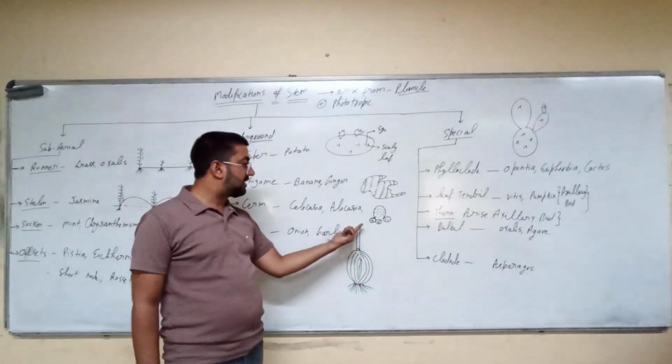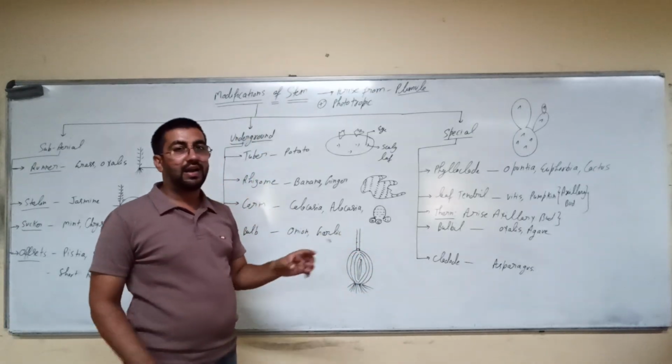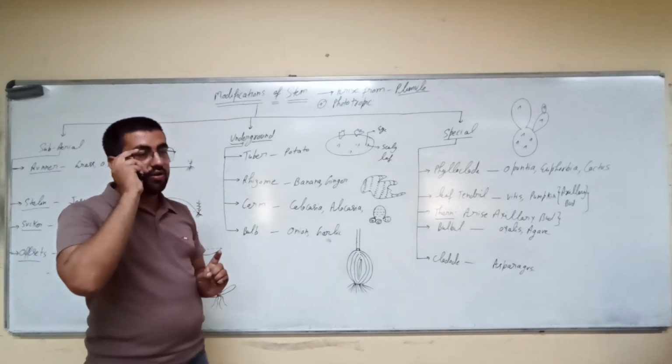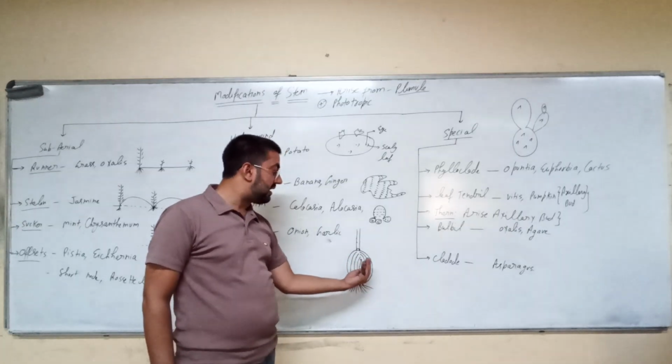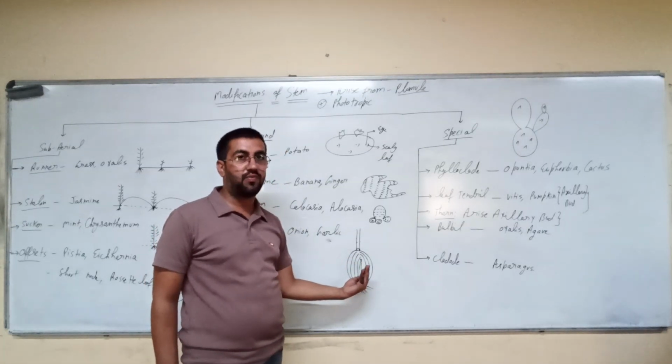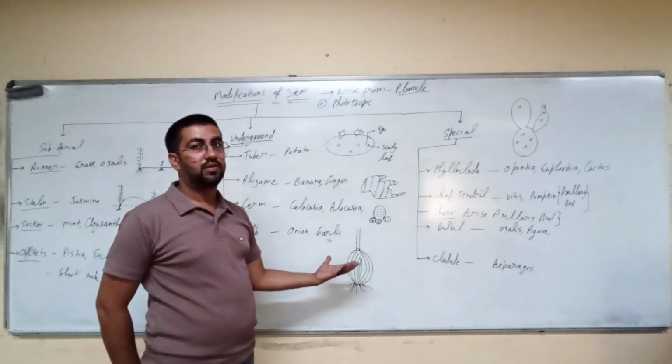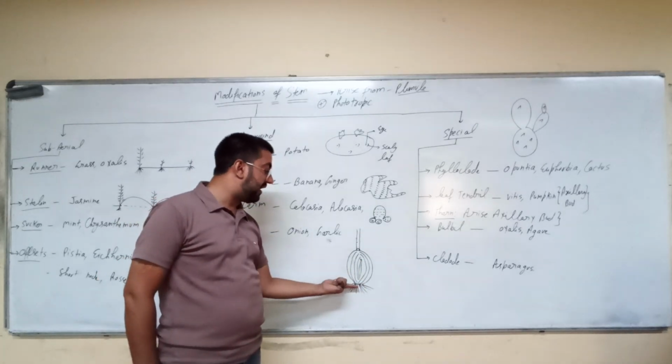Bulb, when the stem gets modified and makes a disc-like structure, it has scaly and fleshy leaves that get modified and store food at the base of the scaly leaf.